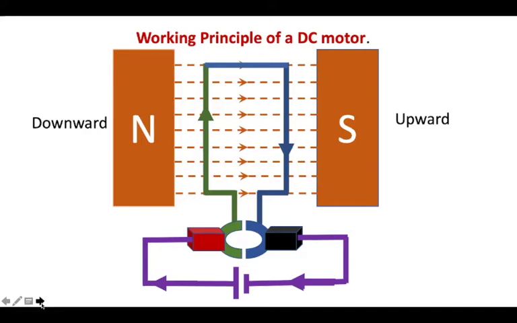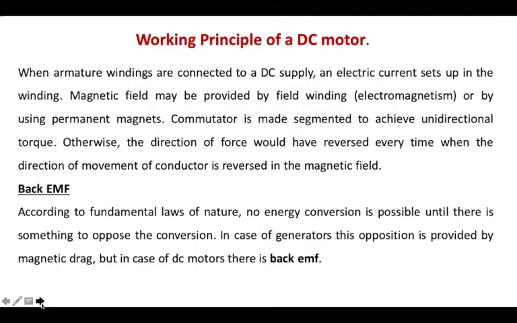So the direction of the current in the coil has changed, and therefore again it will experience the same condition, that is, the wire on the south side will experience a force upwards, and the wire on the north side will experience a force downward, and therefore you will have uniform rotation of the rotor, and a uniform torque is being produced by the given motor.